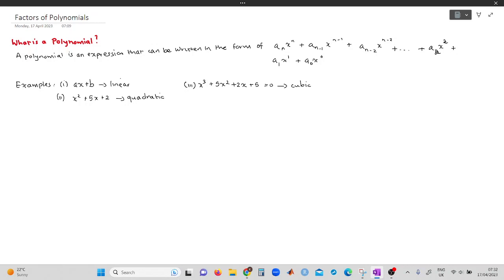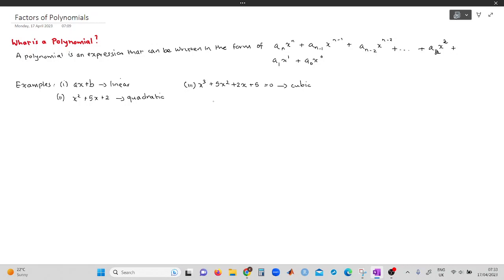In other words, it's any expression that can be expressed as algebraic terms, like an equation. All these are polynomial expressions. They differ in that the first are linear, the second quadratic, the third cubic, and we can also have quartic when the highest power of x is 4. So all these are polynomial expressions.